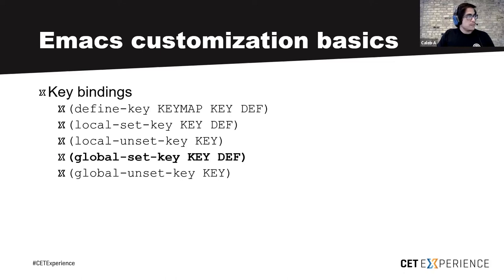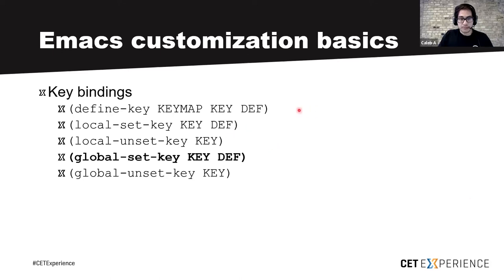So let's talk a little bit about key bindings. Listed here are the eLisp functions you can call to produce key bindings. The first ones define a specific key binding for a specific key map. This is useful if you have concurrent key maps within Emacs that you are manually keeping track of, but most people don't.